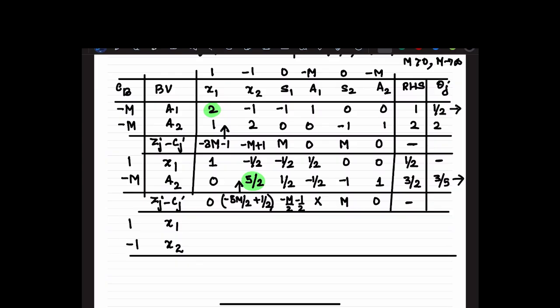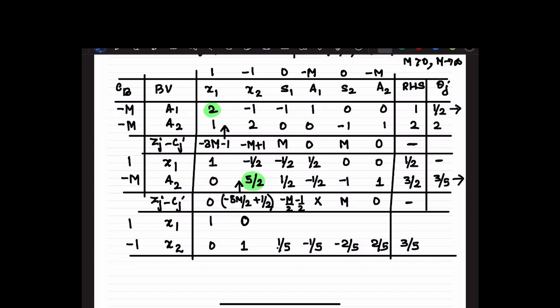So make the pivot 1, multiply throughout by 2/5. So this is 1. So this is 1/5. So this is minus 1/5. This is minus 2/5. This is 2/5. And this value is 3/5. Above the pivot we need 0. Right now it shows minus half. So multiply this row by half and add.